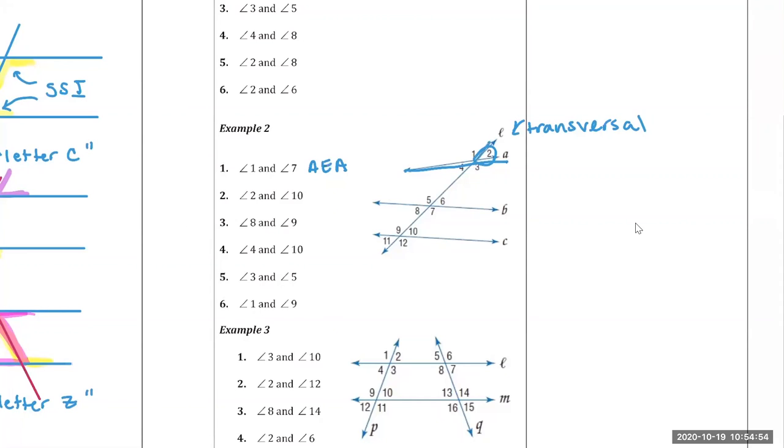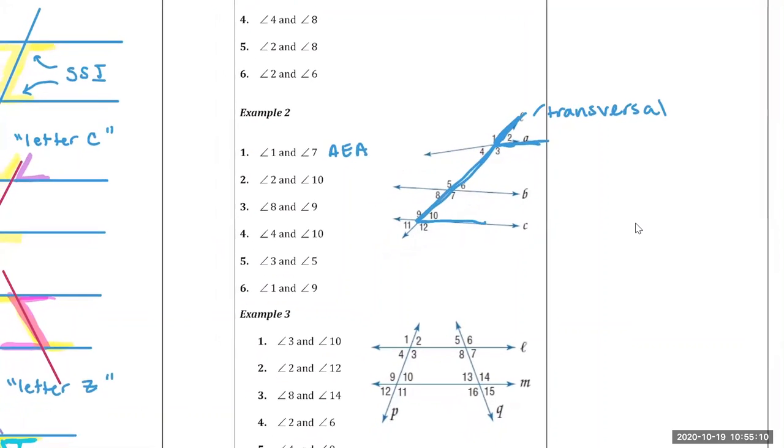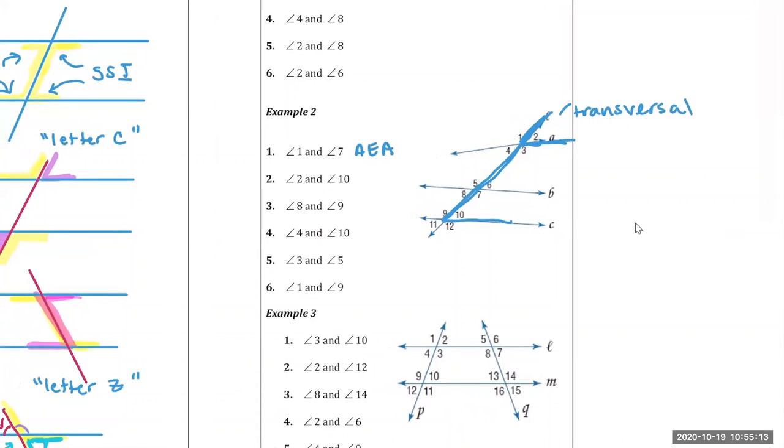If you guys want to draw the letter associated with it as you practice, one thing you can do is trace angle 2 and angle 10. It forms a letter F. Or sorry, it forms, did we go over what corresponding angles? Yeah, it forms like an upside down backwards F. So angle 2 and 10 are corresponding angles. So trace out the angles to see what it looks like.